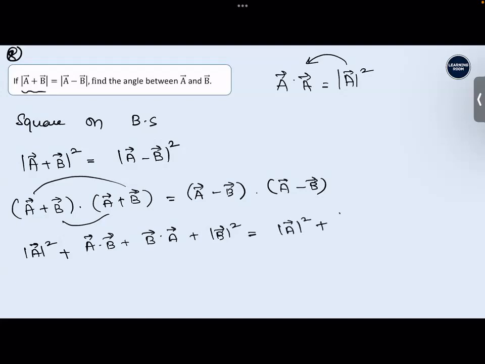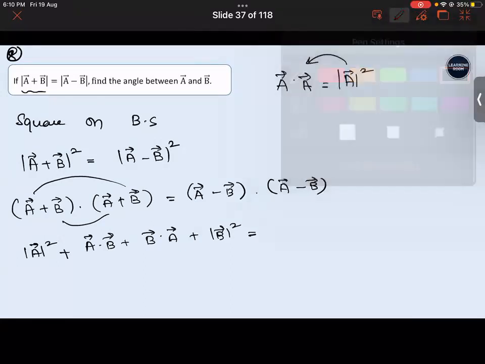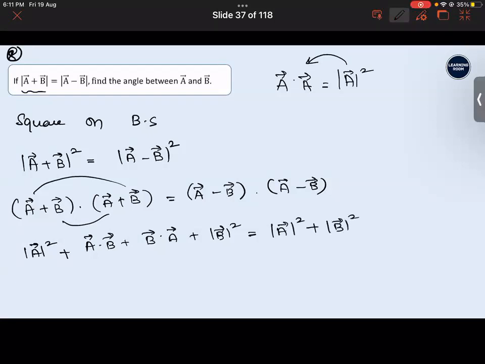I'll write an extra step. First time it is difficult for you to write it like this. So magnitude of A vector square plus magnitude of B vector square minus A vector dot B vector minus B vector dot A vector. Accept it.